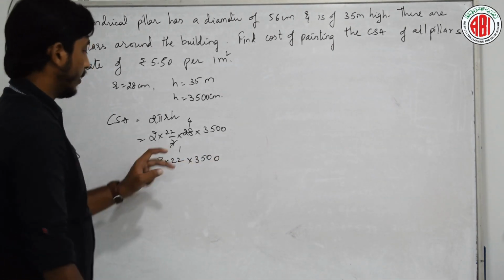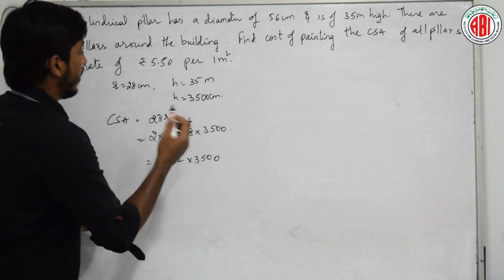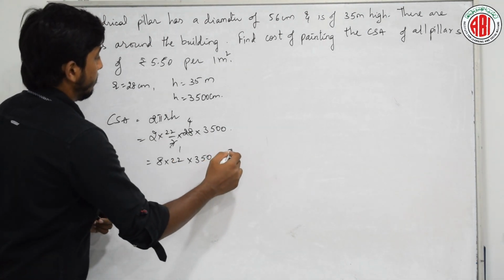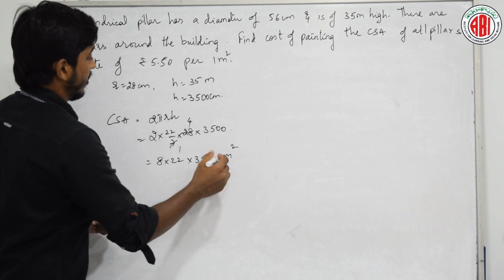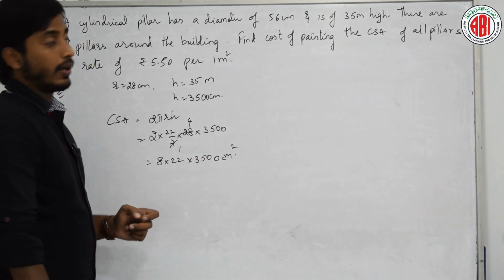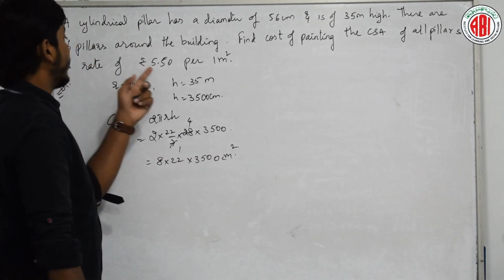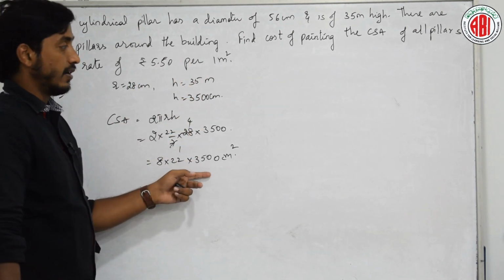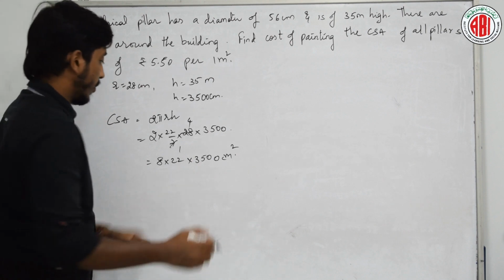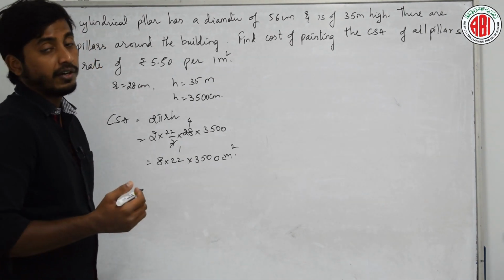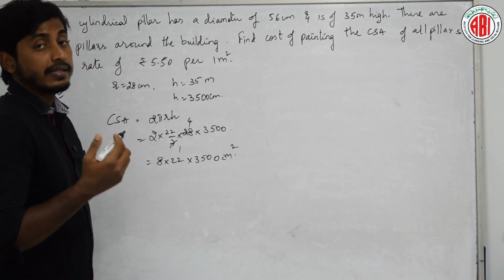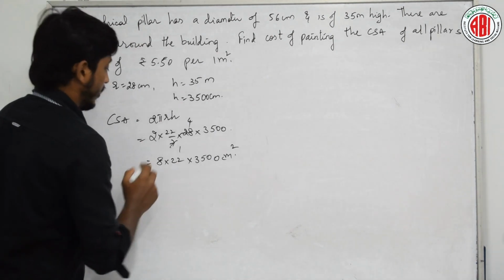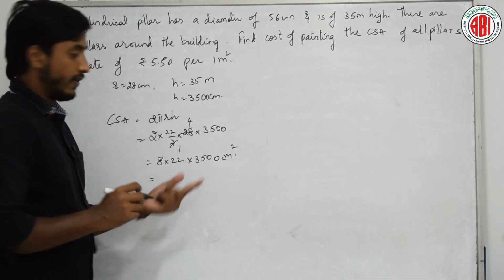Is it clear? This is in meter square or centimeter square. Then he is telling that 5.50 per 1 meter square. We have to convert this into meter square. What to do? We have to divide it by 10,000.